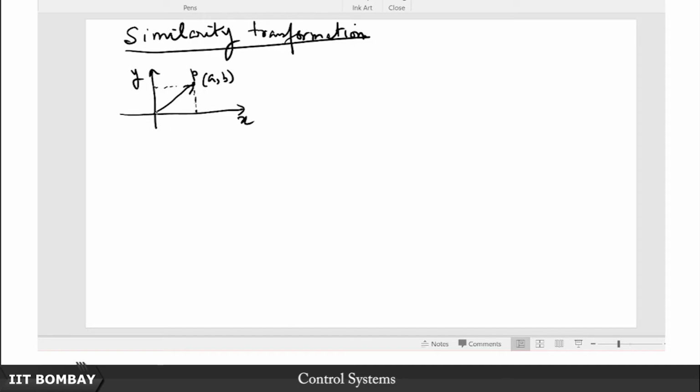In other words, if you take a vector along the x direction of length a and another vector along the y direction of length b and take their vector sum, using the parallelogram law of vector addition, then this is the vector that you get. That is basically what this coordinate system is.